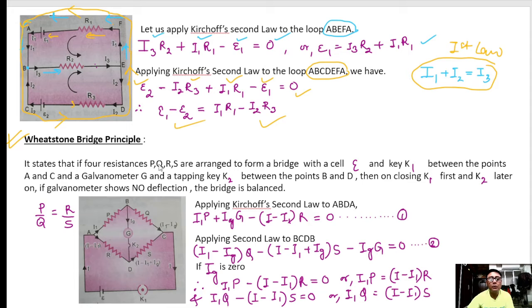It states that if four resistances P, Q, R and S are arranged to form a bridge, we use a galvanometer here with a cell E and a key K1 between the points A and C. This is the galvanometer we will be using, and a tapping key K2 between the points B and D, as you can see.